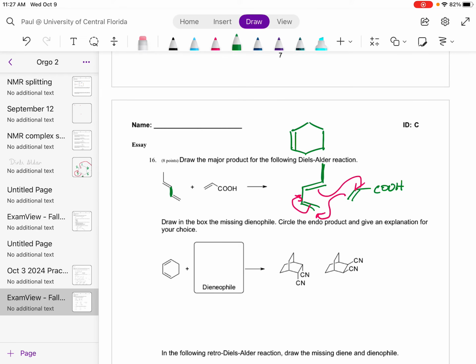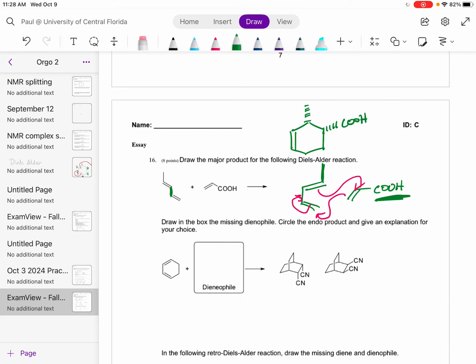And then we have to pay attention. Where's this electron withdrawing group going to be added with respect to this methyl group? It has to add in the ortho or para positions, and in this particular reaction it can only add ortho. So we're going to add it there. But how does it add, endo or exo? You have to show the stereochemistry as well.